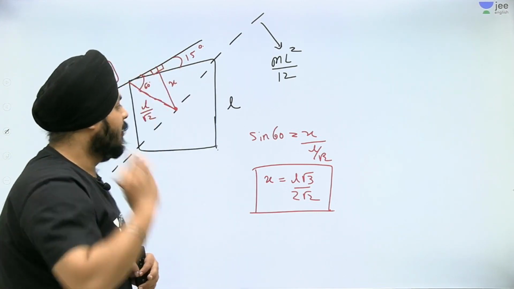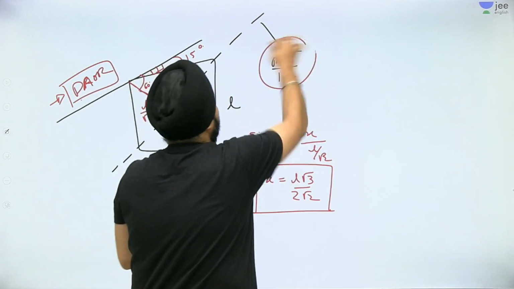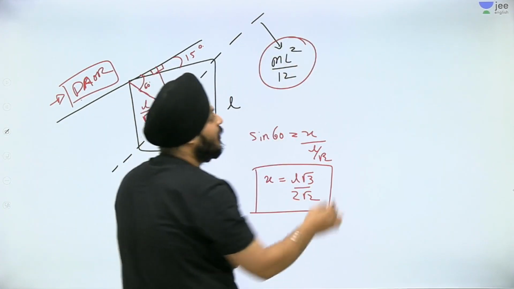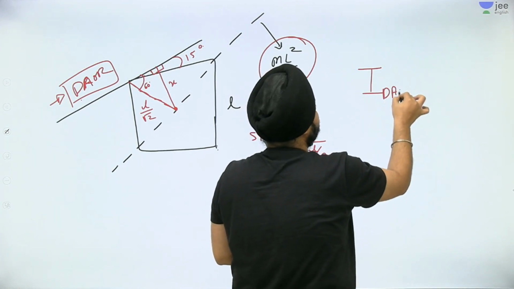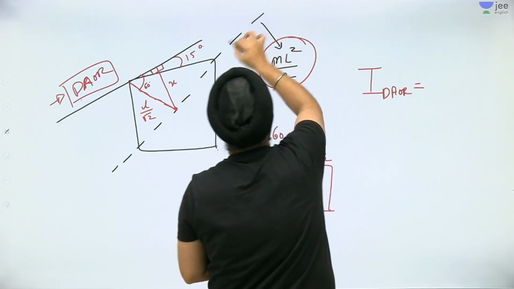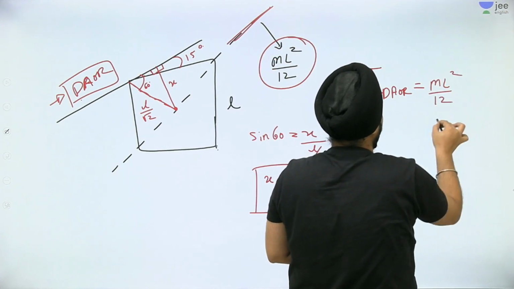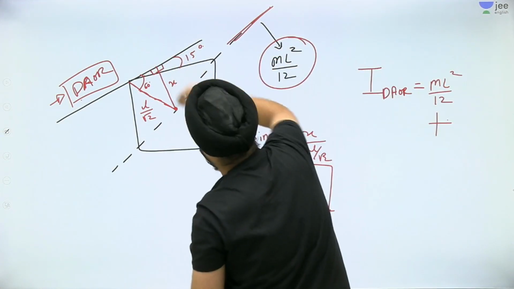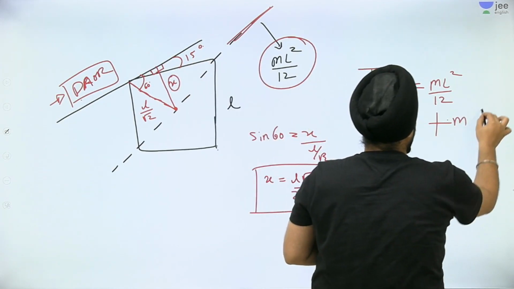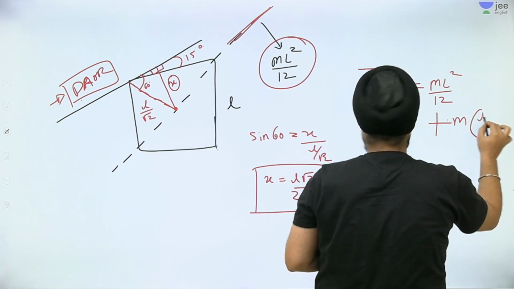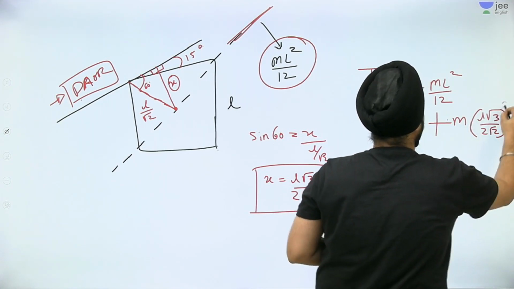Now we got this distance. About this known axis we have ML square by 12. Now we apply the parallel axis theorem. The moment of inertia about the desired axis of rotation is ML square by 12 plus M times the distance, L root 3 by 2 root 2, whole square.